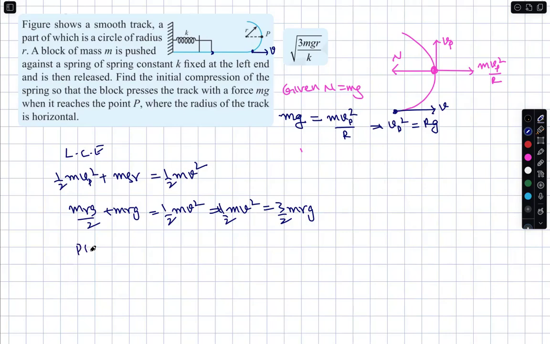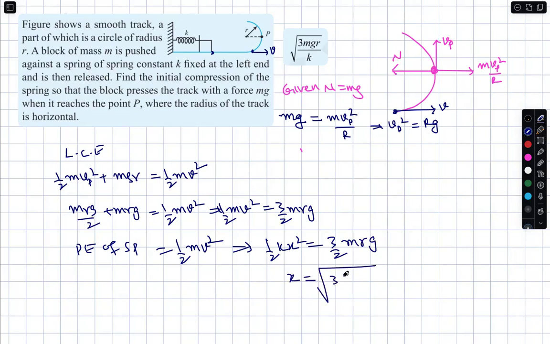So the potential energy of the spring is nothing but half mv square. You want the initial compression in the spring. Half kx square is 3 by 2 mrg. So x is root 3 mrg by k.